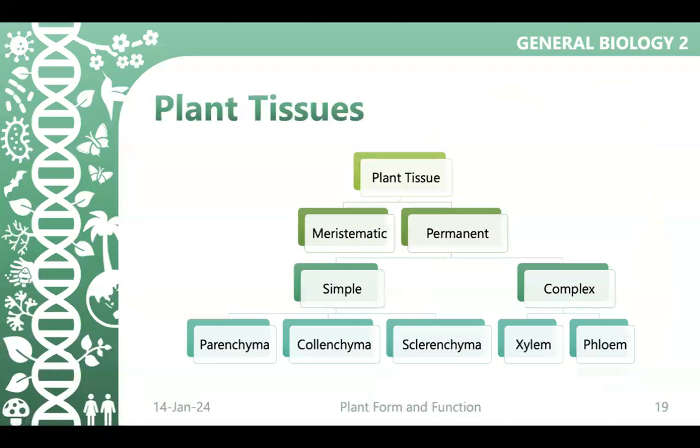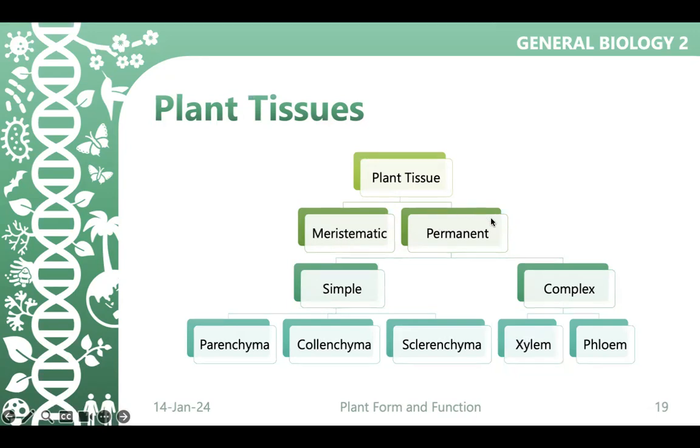So we can classify plant tissues as either meristematic or permanent. When we say meristematic tissues, these are tissues that are totipotent, which means they are capable of becoming any kind of cell. Recall the stem cell we discussed in Gen Bio 1. And we also have permanent tissues that came from meristematic cells.